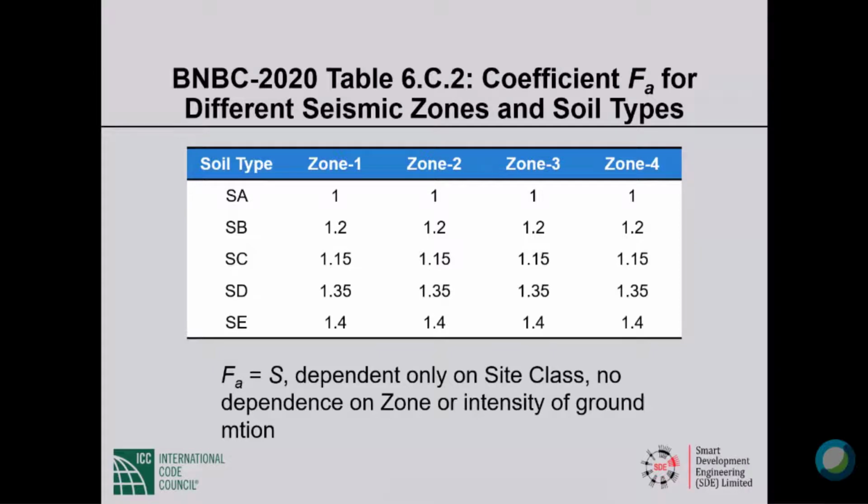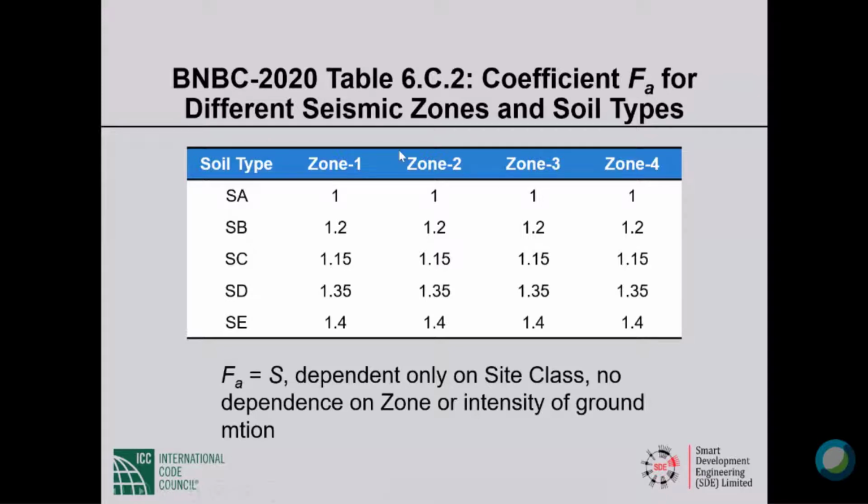So BNBC 2020 in Appendix C gives you also F sub A and F sub V. F sub A is the short period site coefficient which in ASCE 7-05 will amplify S sub S, and F sub V in ASCE 7-05 would amplify S sub 1. In the BNBC, F sub A will apply to S sub S as given in Appendix C. F sub V will apply to S sub 1 as given in Appendix C. But remember, S sub 1 of Appendix C is always 40% of S sub S.